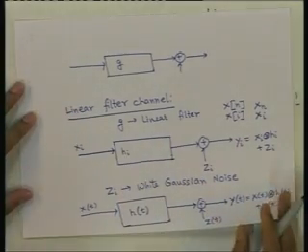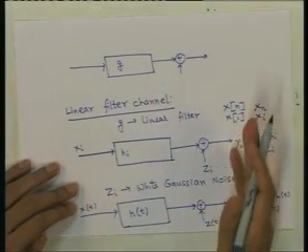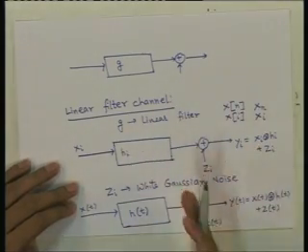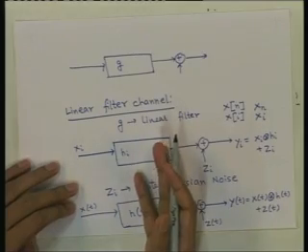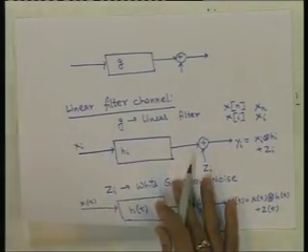So, there is also some relation between this linear filter channel and the additive Gaussian noise channel with memory that we have discussed just before this, because both of them obviously have some kind of memory, and this form of channel can be converted with some operation at the receiver to a channel of the previous type, and a channel of the previous type can also be converted into a channel of this type with some manipulation at the receiver. We will see that now.